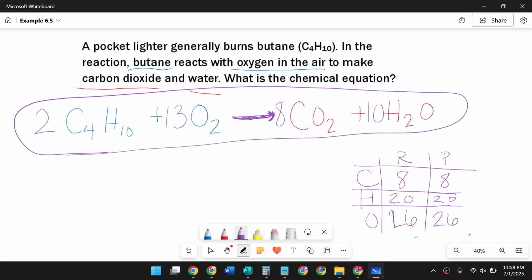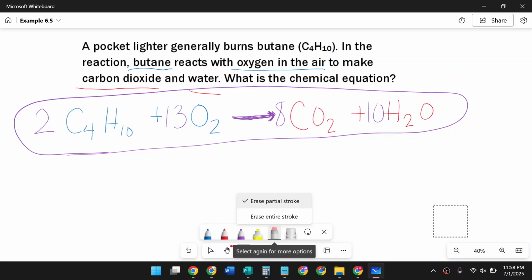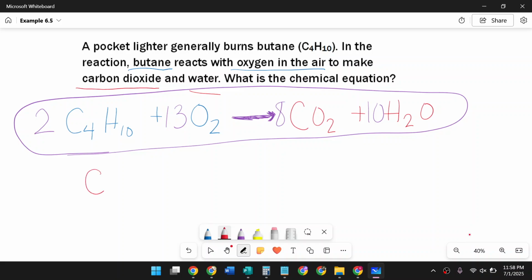Alright, for those continuing, I'm going to rewrite the equation, and I'm also going to erase the chart so I can move it. Alright, so the equation we had when we were working with this was C4H10 plus O2 yields, and we had a 4 here, CO2 plus, and we had a 5 here.